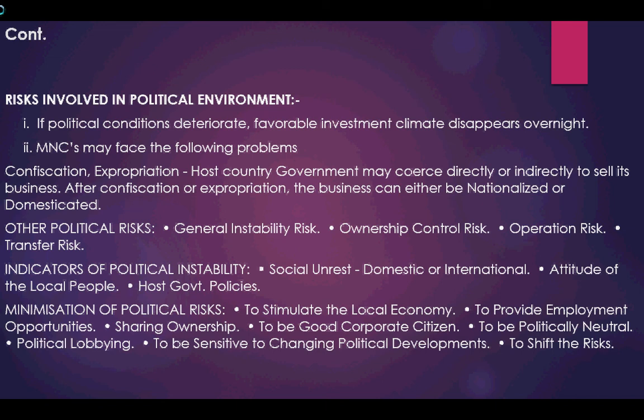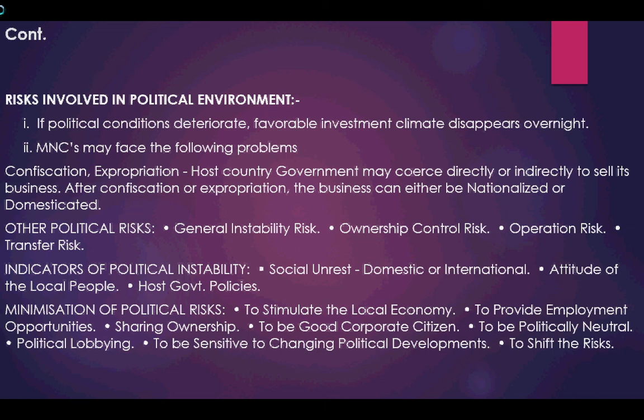To stimulate the local economy, meaning contributing something to the local economy where they have business operations; to provide employment opportunities for the locals; sharing ownership; to be a good corporate citizen, like Tata group of companies, Infosys; to be politically neutral, not involved in local politics, especially host country politics, following a neutral policy; political lobbying; to be sensitive to changing political developments; to shift the risks.